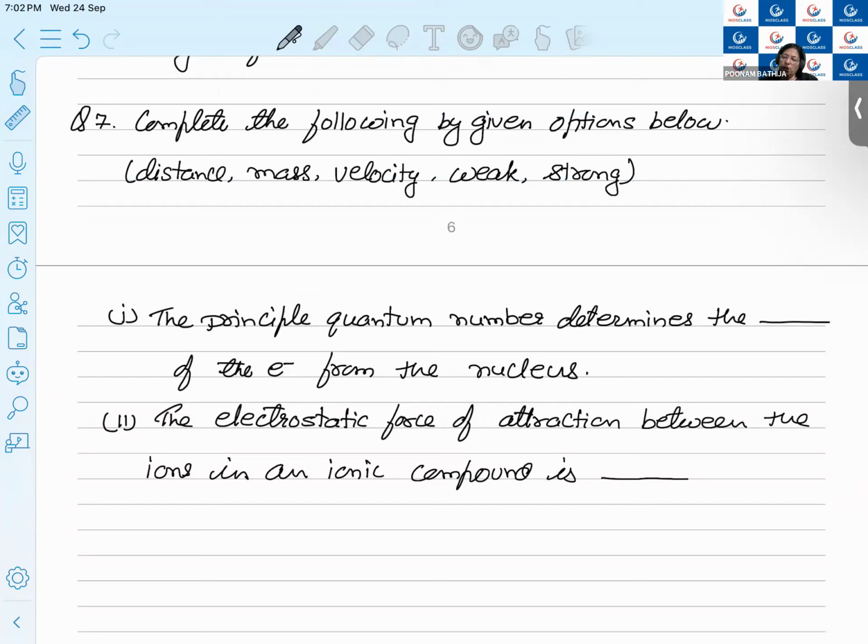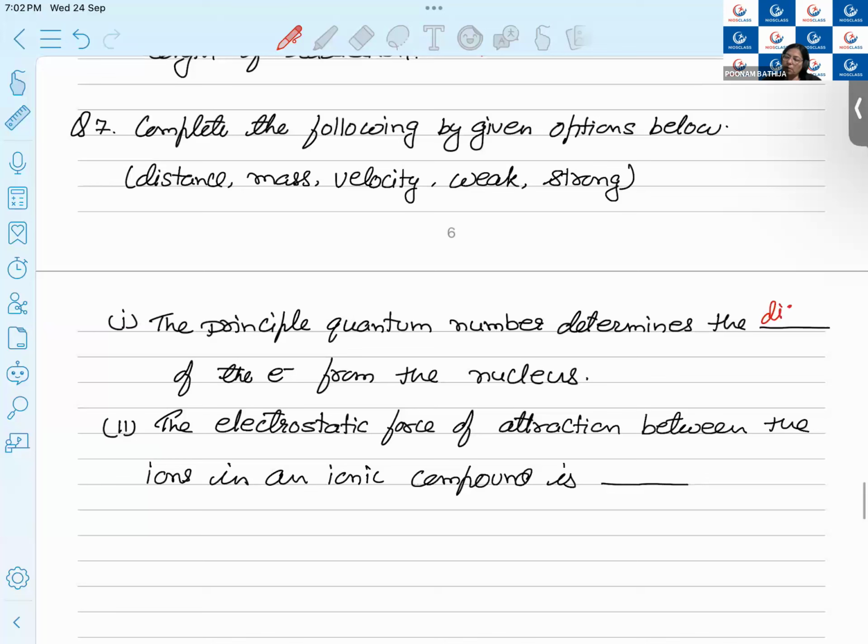Just see what options are provided: distance, mass, velocity, weak, strong. The principal quantum number determines the blank of electrons from the nucleus. Obviously, it is distance. The electrostatic force of attraction between the ions in the ionic compound: in an ionic compound, the attraction force between the ions is quite strong.